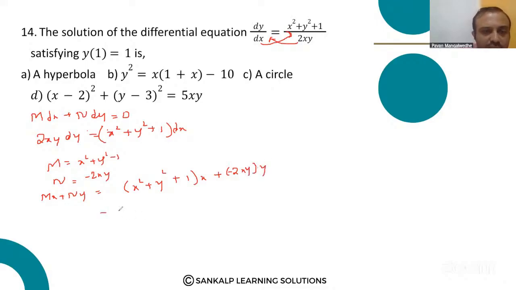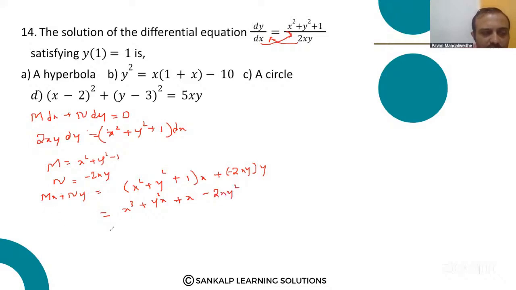So which can be written as x into x square, that is x cube plus y square x plus 1 into x is x minus 2x y square.